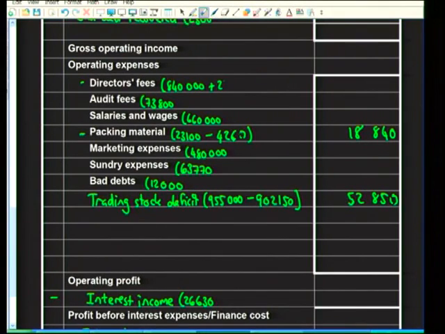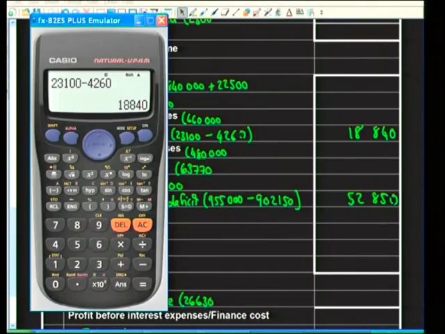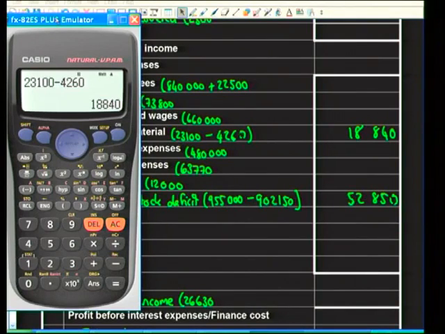So it will be plus 22,500. If you were asked to do the balance sheet, you would also have to record that number as accrued expenses in the note on trade and other payables. But since our question is asking us to do the income statement only, we're only going to worry about this part of the adjustment.